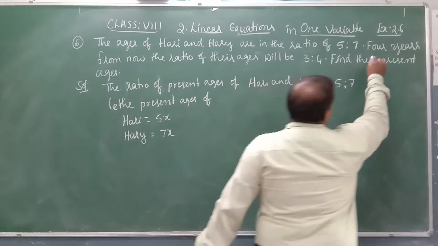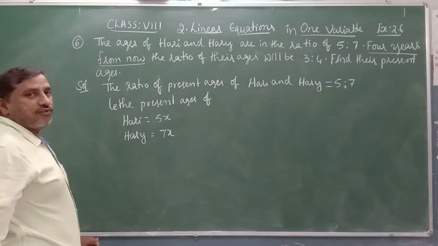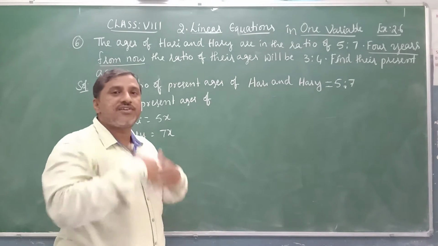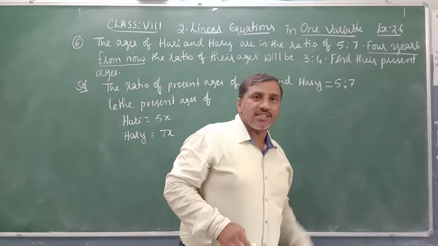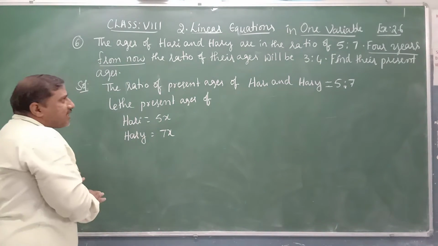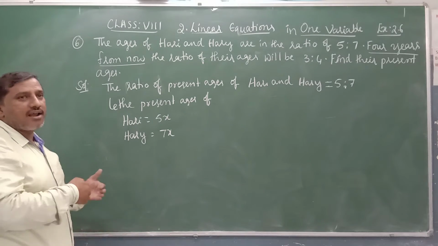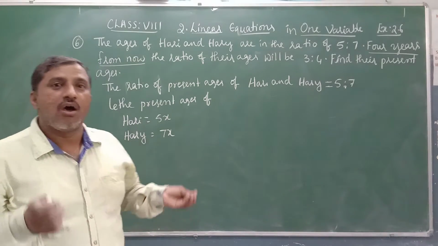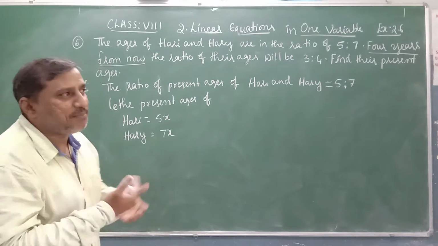Now 4 years from now means after 4 years, the ratio of the ages will be 3:4. What is the age of Hari or Harry after 4 years? We have to add 4 years to their present ages.